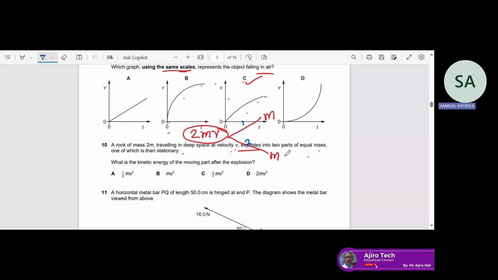So let me assume this is the stationary one. Stationary means that momentum is zero. That's what being stationary means. Momentum will be zero.